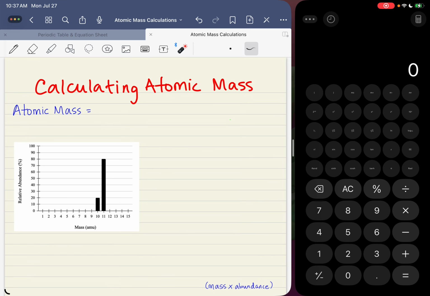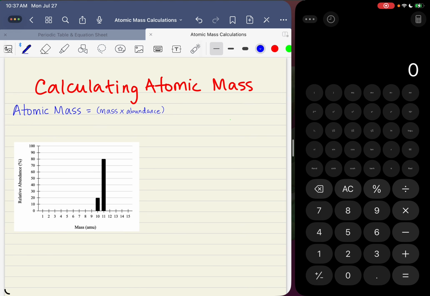Okay, so here's how we calculate the atomic mass. We know that elements have multiple isotopes, and we know that the atomic mass is an average of those isotopes. So the way that we calculate it is we use this formula. For each isotope, this would be isotope 1, you take its mass and multiply by its abundance.